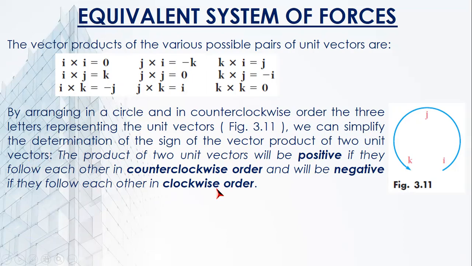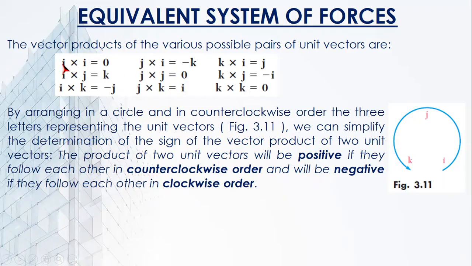Okay. Mao ni siya ang simplification or interpretation. The product of two unit vectors will be positive if they follow each other in counterclockwise order, and will be negative if they follow each other in clockwise order. Okay. Hint.